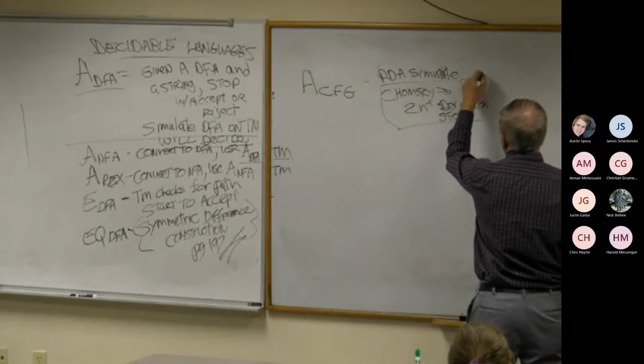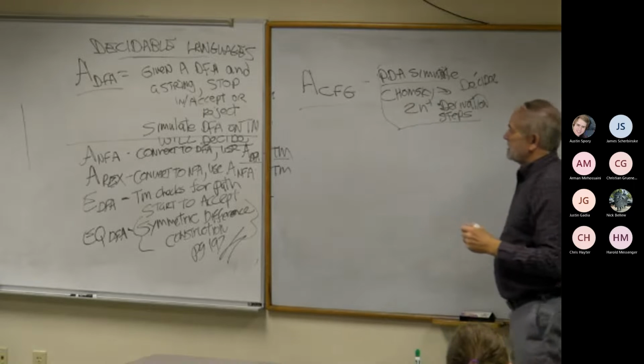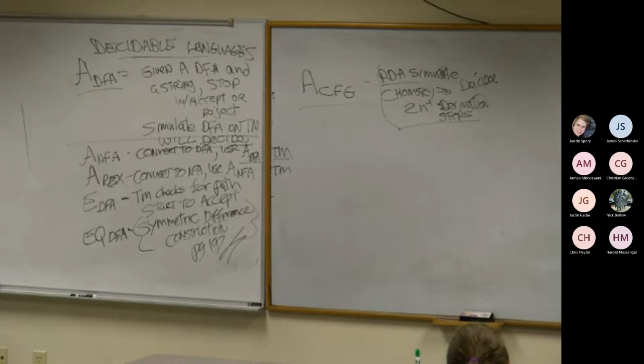Either one will be a decider, and that makes sense, right? Since you can build a machine that will parse, just like our PDA did. You give it an input string, it can try the different rules, and it might have to try a few. But if you've got a finite number of rules, it will run through a finite number of steps and eventually determine whether that string can be generated or not.